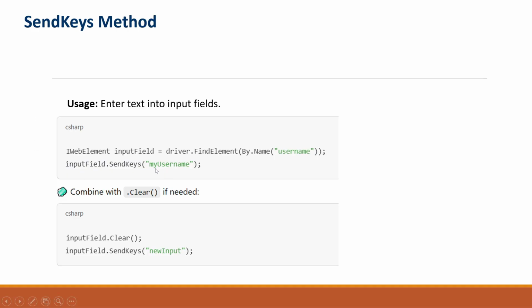Here I enter the value, my username. You can combine it with the Clear method, so it will clear the text first and then pass the value.